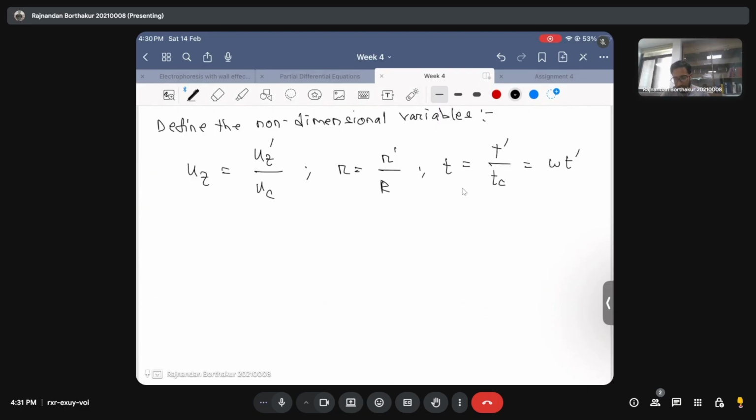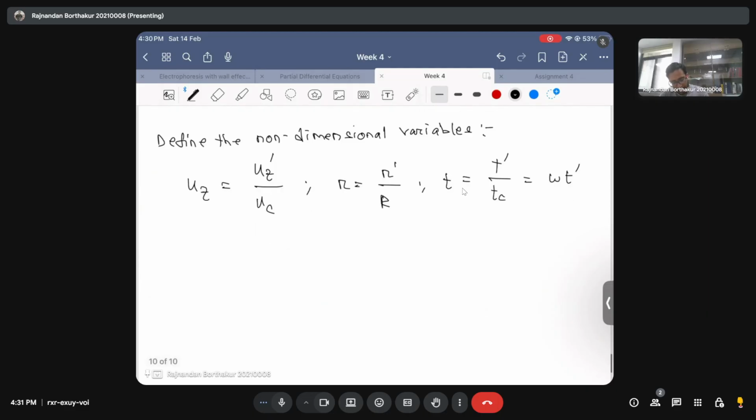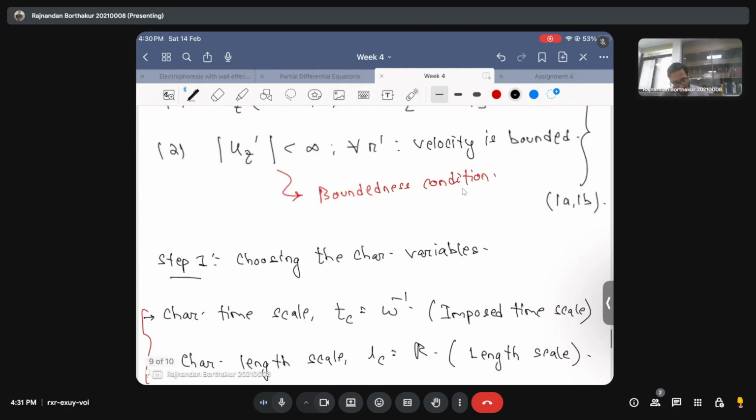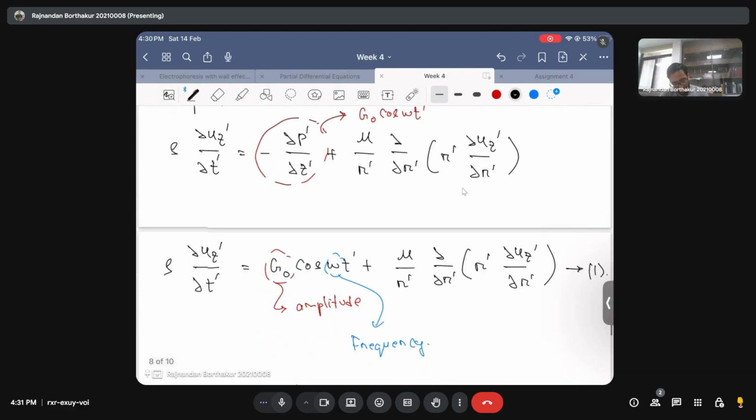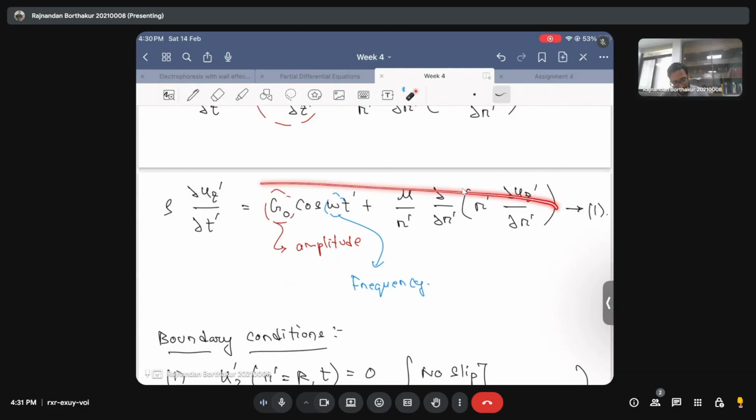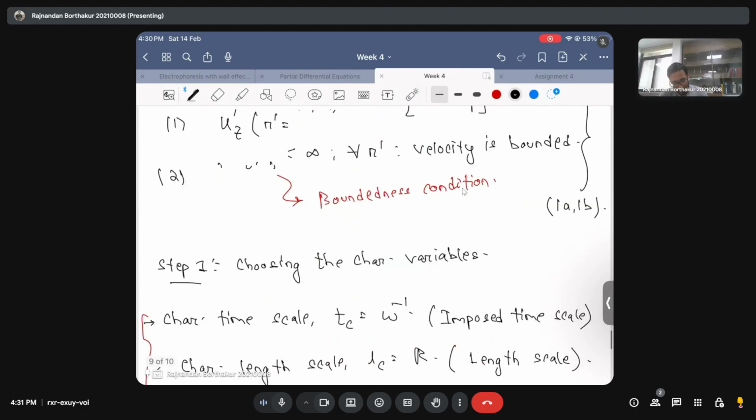All right, so let's invoke these non-dimensional variables into the governing equation. I'll now transform this governing equation by replacing all these dimensional quantities with their non-dimensional counterparts. Let's look at the first term, which is rho times del u z prime by del t prime.